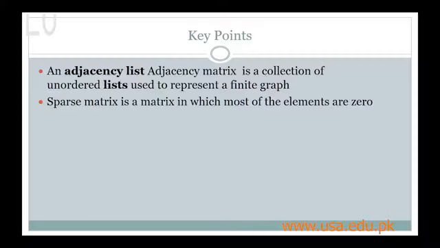So the key points: we have covered multiple topics. We have seen the adjacency list, in which we represent our data in the form of a list of connected nodes, and we show the working of our graph: where we are sending the data, which nodes are getting the data and which nodes are sending the data.